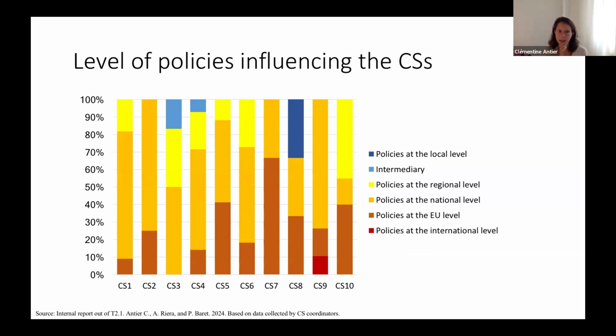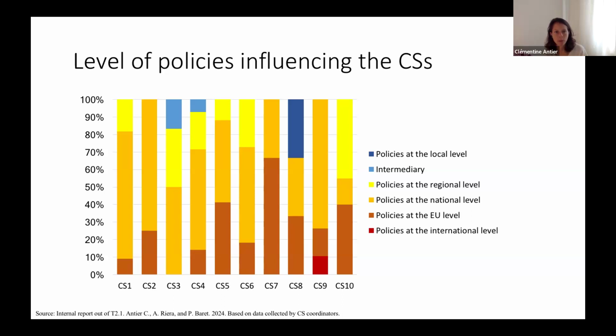Here you have the same repartition, but case study by case study. And I mostly wanted to show it to highlight that some case studies are more local, and thus they are influenced mainly by local or regional policies.